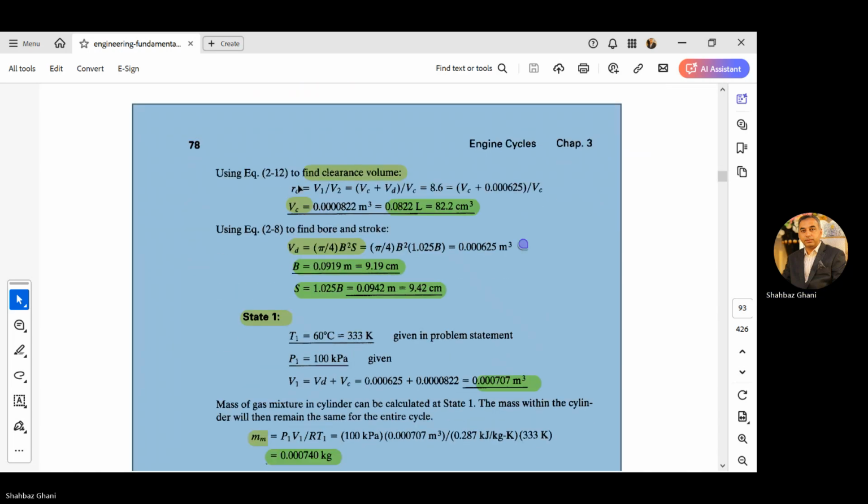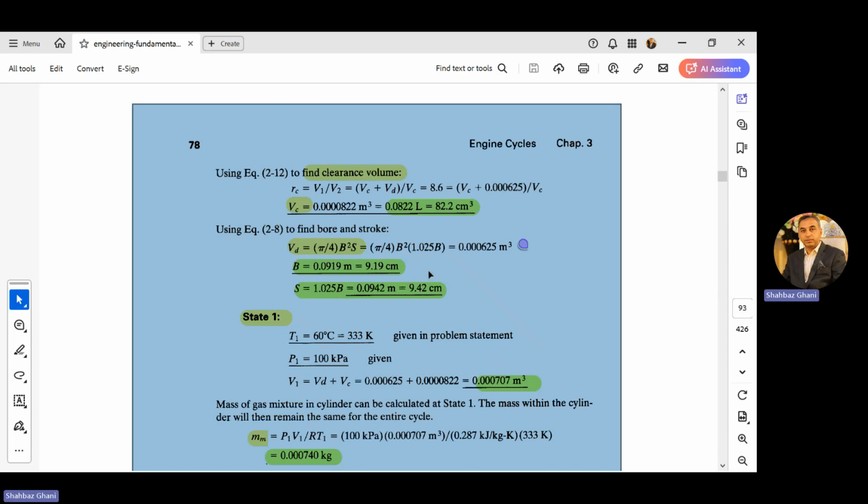Now, we have found the volume. We know rc is given as 8.6. From this equation, we can find the clearance volume. Putting in the values, we find that the clearance volume is 0.0822 liter or 82.2 cubic centimeters. So we have found VD, we have found VC.